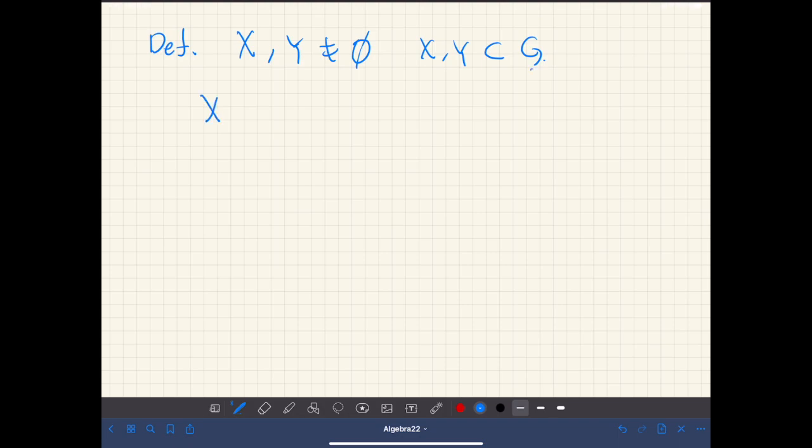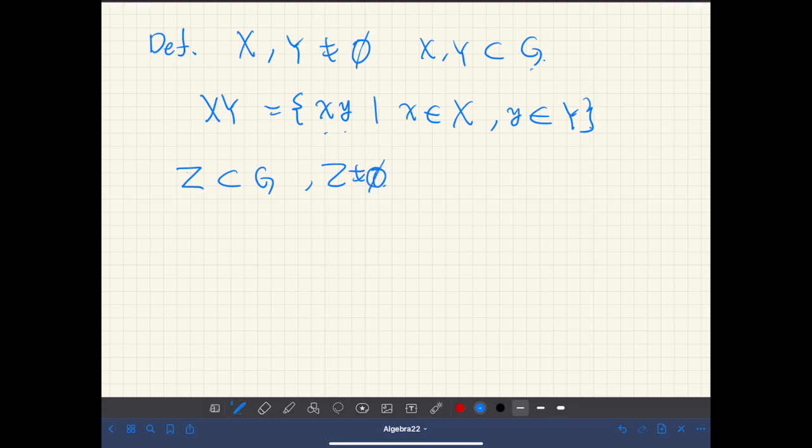And we define XY to be the set of elements consisting of the products xy, where lowercase x belongs to uppercase X and lowercase y belongs to uppercase Y. And similarly, if we have another subset Z, then XYZ is defined as this.